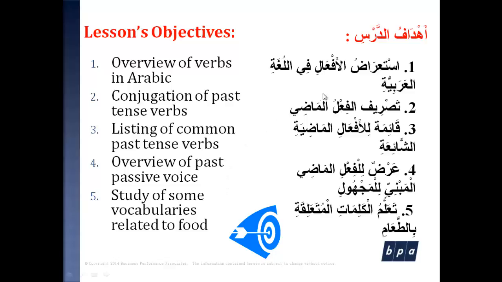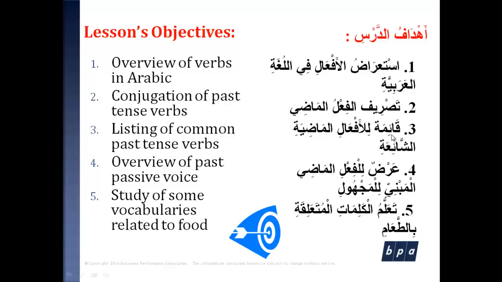In Arabic, استعراض الأفعال في اللغة العربية. Overview of verbs in the Arabic language. تصريف الفعل الماضي, the conjugation of past tense verb. قائمة للأفعال الماضية الشائعة.